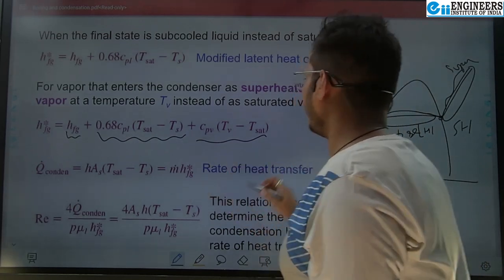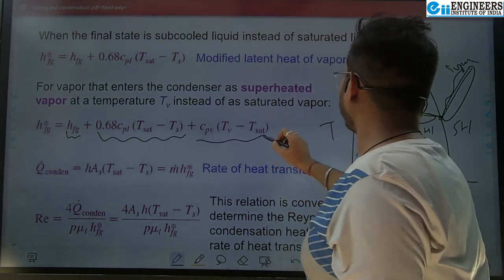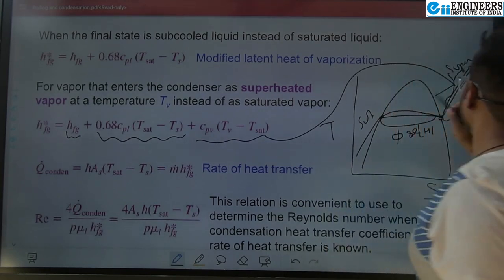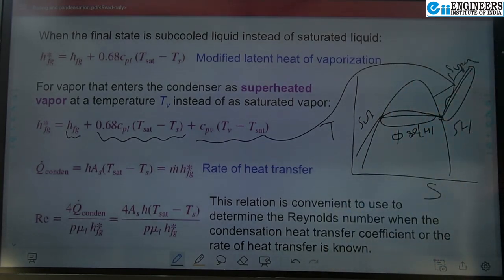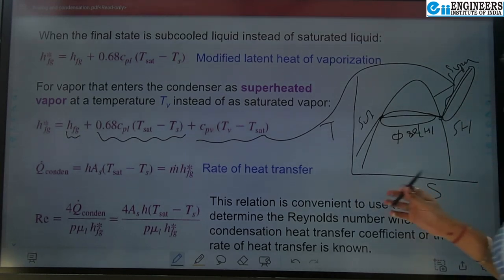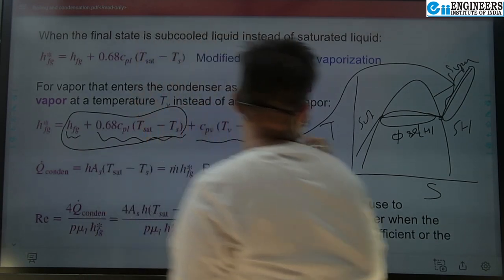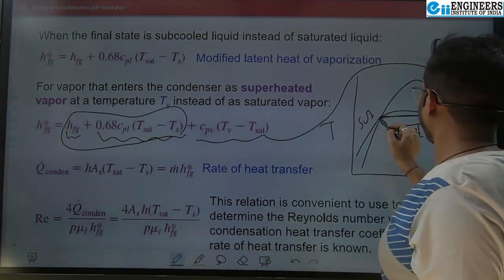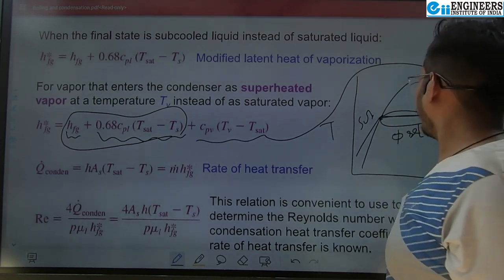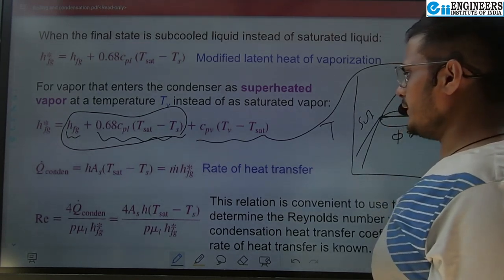These three things will come into the picture. Here this one represents the regime where heat is transferred from the superheated to the saturated state, and hfg star determines the condensation from this point to this point. Hope this is clear to you.